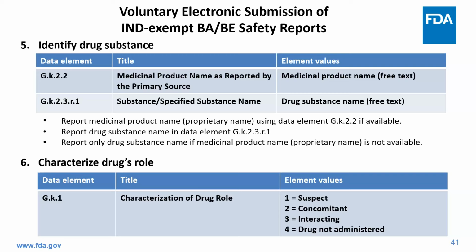The data element G.k.2.3.r.1 is used to report drug substance name. If there's no proprietary name, only drug substance name can be reported. And it is also important to characterize the role of the drug in the data element G.k.1. Submitters can select the values for the appropriate role of the drug, 1 for the suspect, 2 for concomitant, 3 for interacting drug, and 4 to indicate drug not administered.